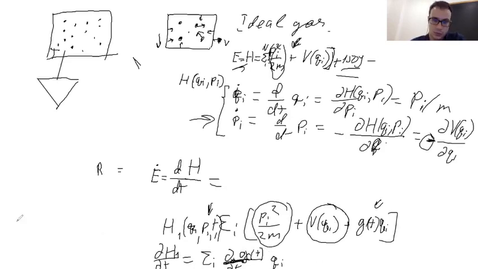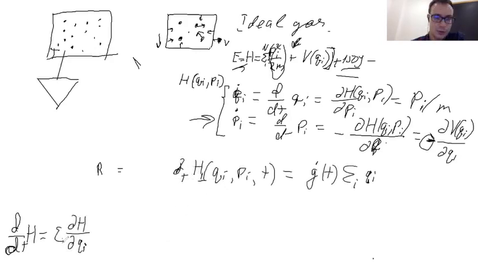This is not to be confused with the notation when you have d over dt of H. When I write the Latin letter d, not the partial derivative like here, that means I need to go inside p_i and consider p_i as a function of time, and likewise q_i. But if I write the partial derivative, I don't do that.